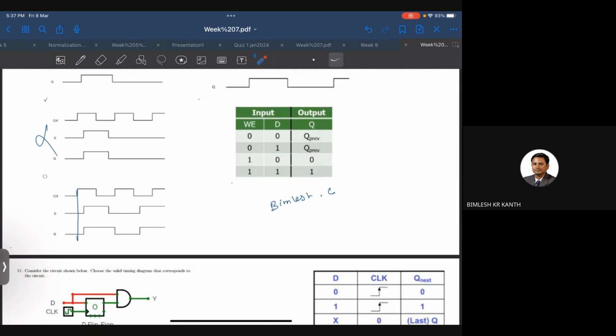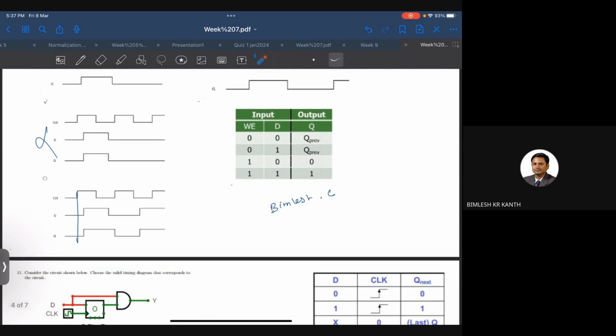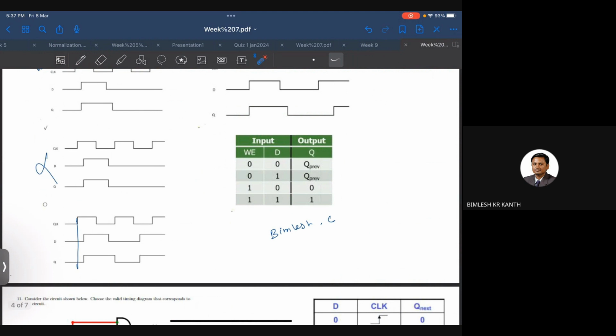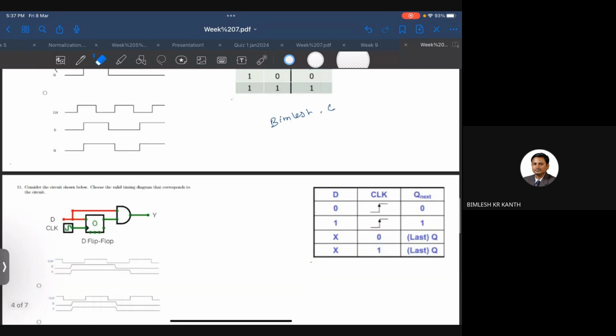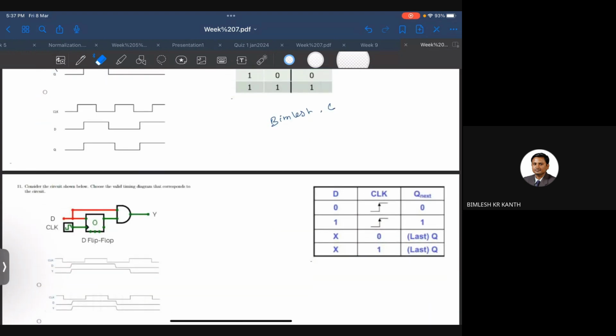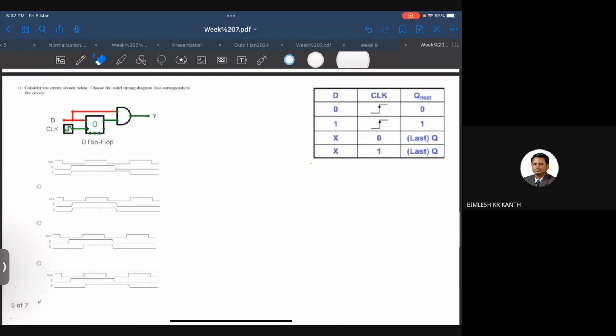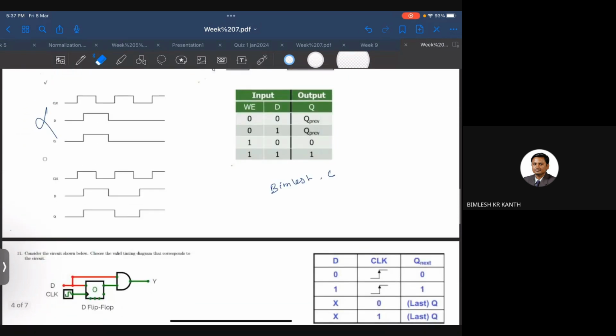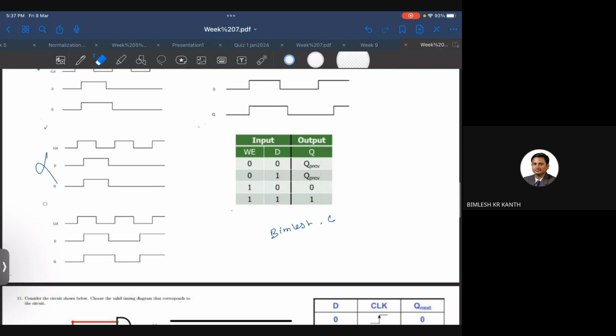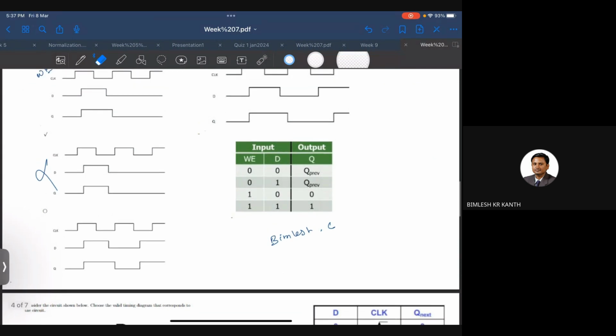If you want, I can change the scale also. No issues. When I was creating this question at that time, I was not aware of that web tool. There is one website, just put 0 1 and it will be given. So I drew this in Google Slides or something like that.